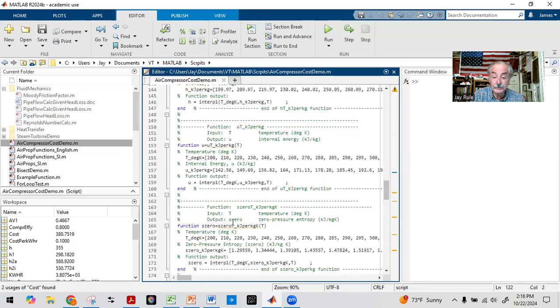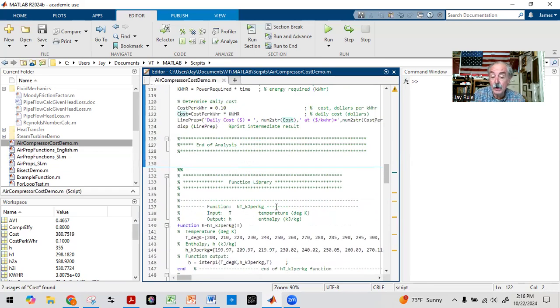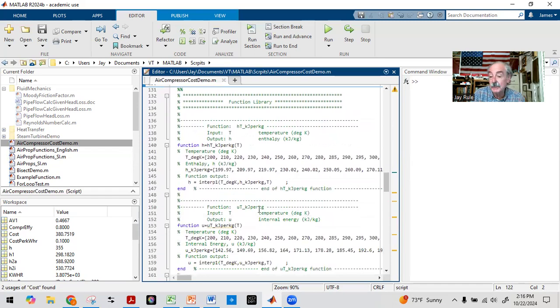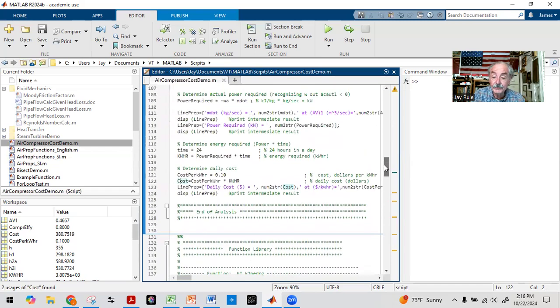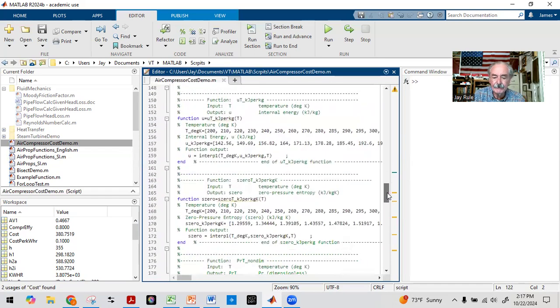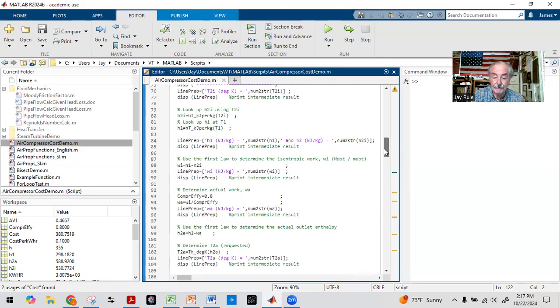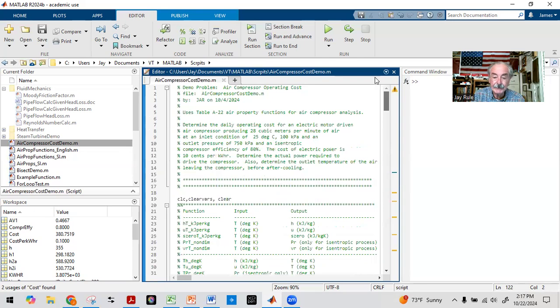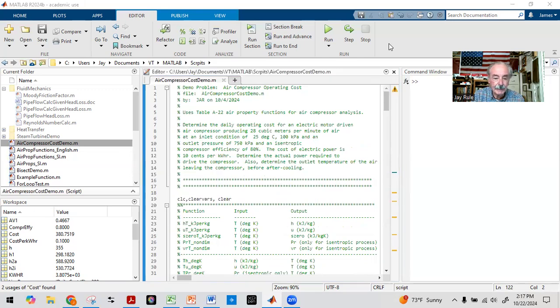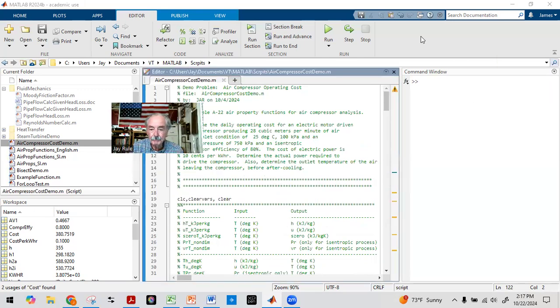Whether you do or do not need all of these functions, you don't need to destroy functions that you don't need to use. You can just leave them sit there. Okay. All right. So there is step by step how I perform the analysis. And now I'm moving my zoom menus around so I can get to the run button. So I'm going to click run.